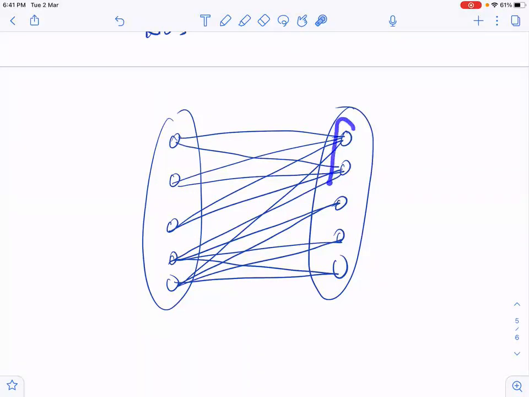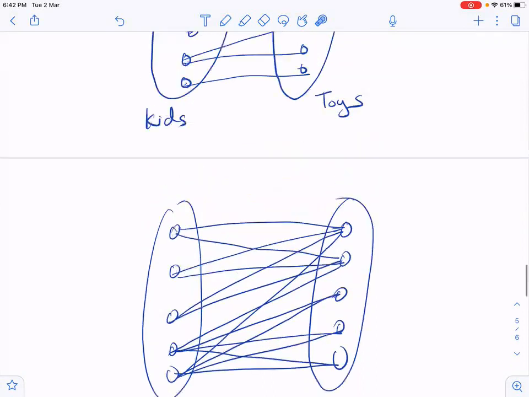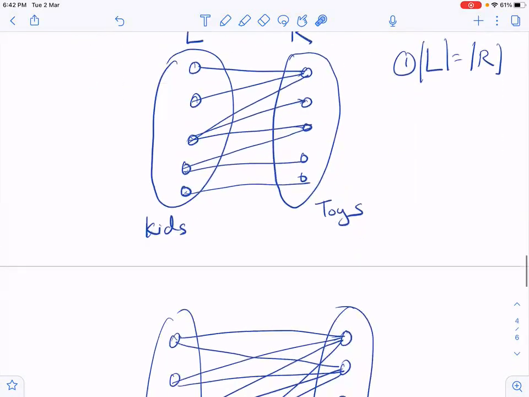So there are 2 toys that these 3 kids want to share. And that is again not possible, right? How can you give 2 toys to 3 kids, satisfying them? So it's not possible. Is it clear that these 2 graphs do not have a perfect matching?